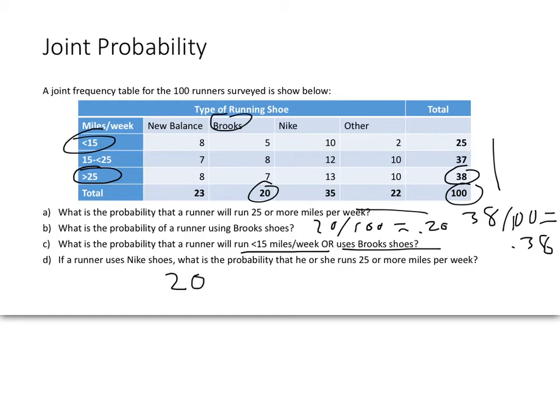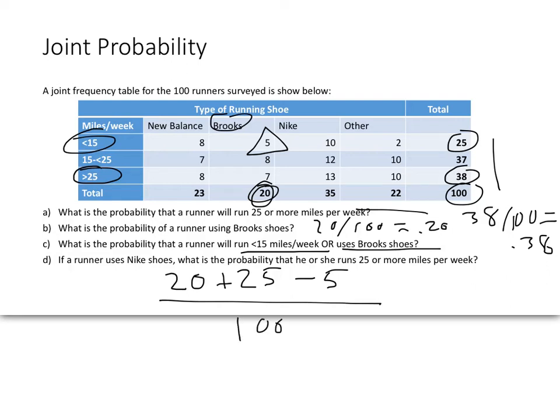So we would have 20, taking the Brookes total, plus 25. So we're adding again in this or probability, and then we want to subtract out where the overlap is, minus 5, over 100.